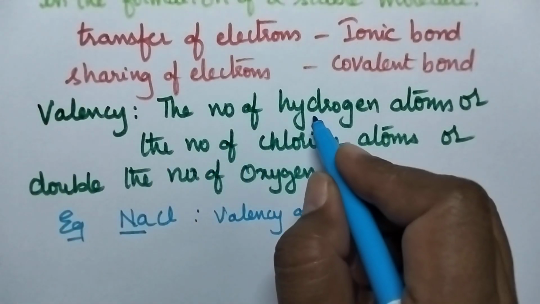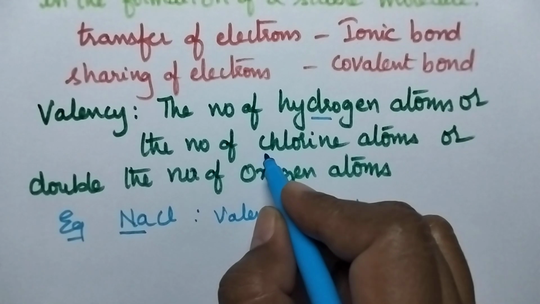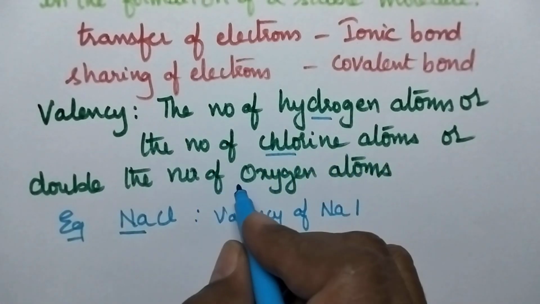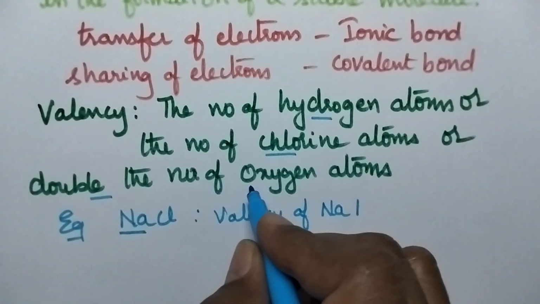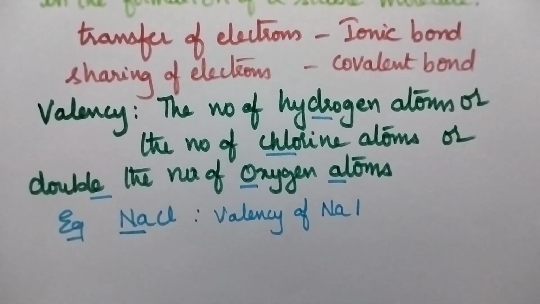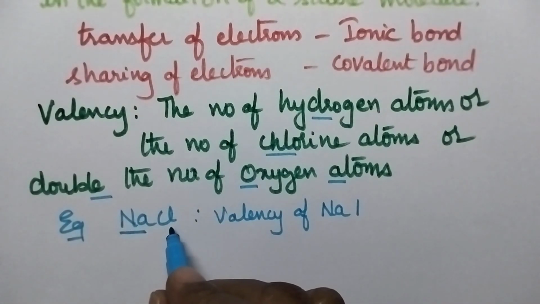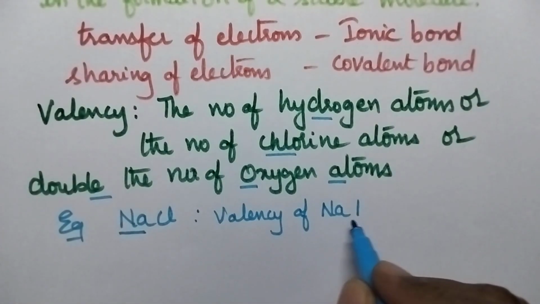So sodium combines with one chlorine atom. That's why the valency of sodium is 1.